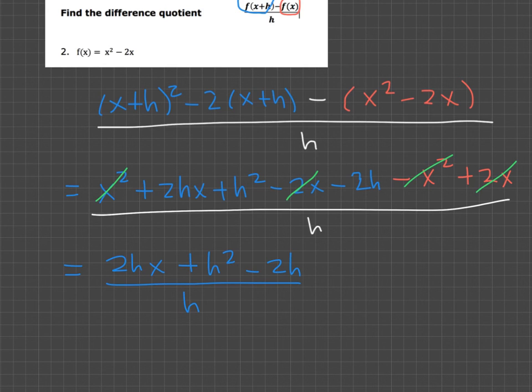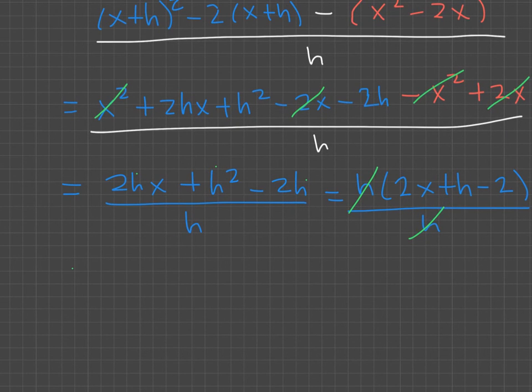Now you'll notice that the numerator has a factor of h in each of those terms, so we're going to factor that h out in front. We'll be left with 2x plus h minus 2 all over h, and then we get to cancel out that h, so we are left with, for our difference quotient, 2x minus 2 plus h.